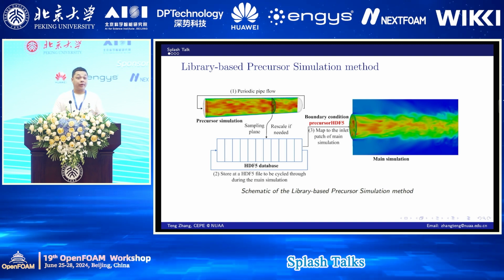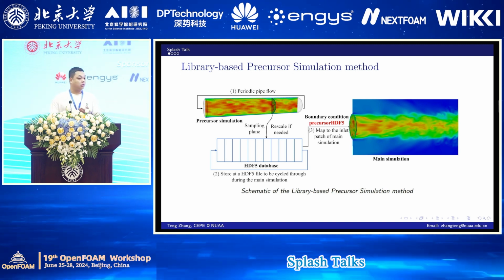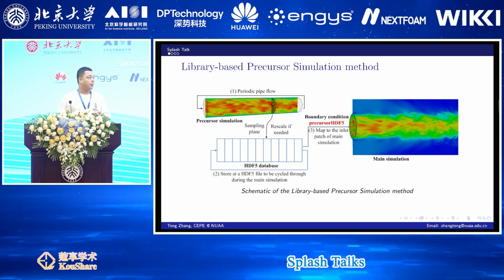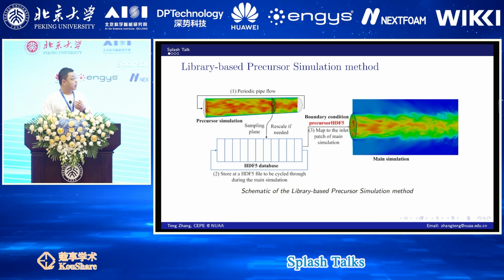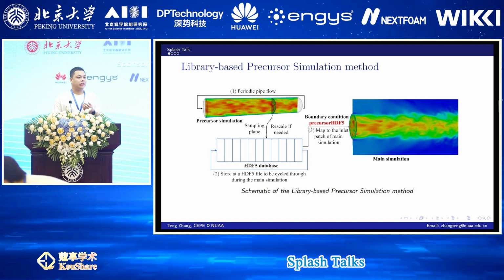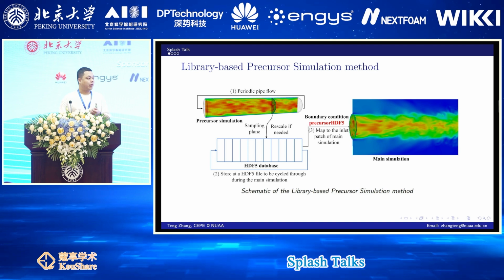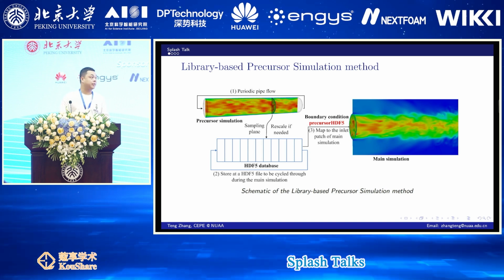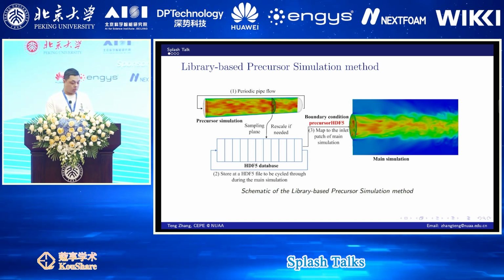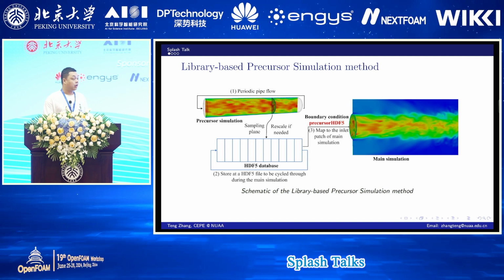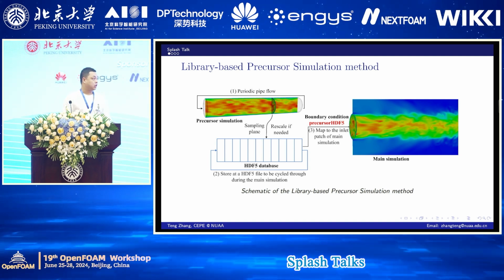For example, we are simulating a turbulent jet flow, and the jet inlet needs very accurate velocity fields with the spatial and temporal correlations. So here you only need 3 steps to do the job.